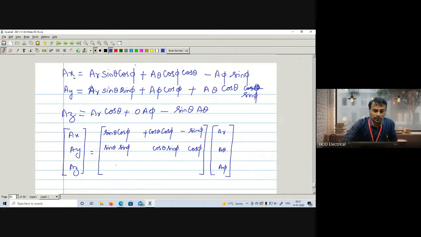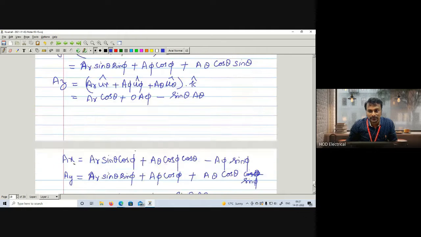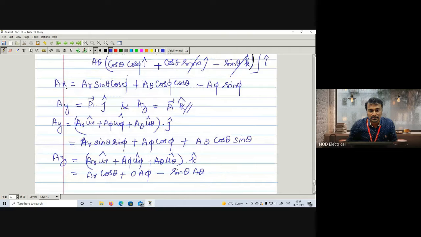Then the final one, cos theta, then minus sin theta and 0. This is what we have derived. So we can derive this.